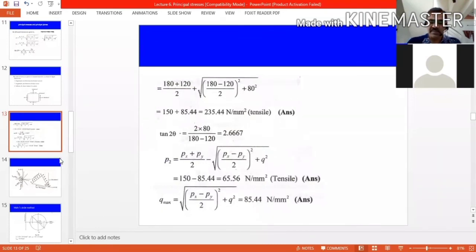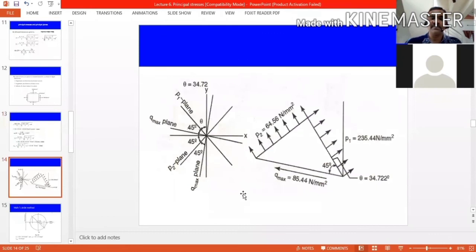Now you can represent it graphically. This is the way you have to represent it. This is the vertical plane. From the vertical plane, you take 34.7 degree. This is theta. You take this angle and draw this line. Here you mark the P1. Since P1 is tensile, it is away from the surface.